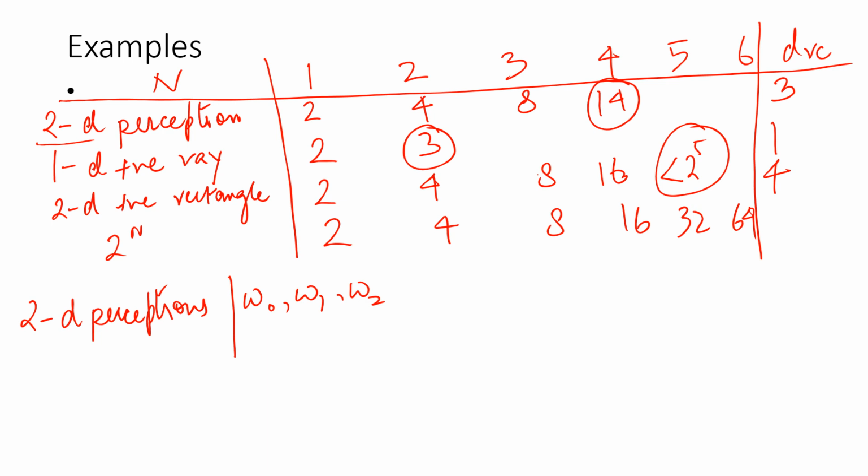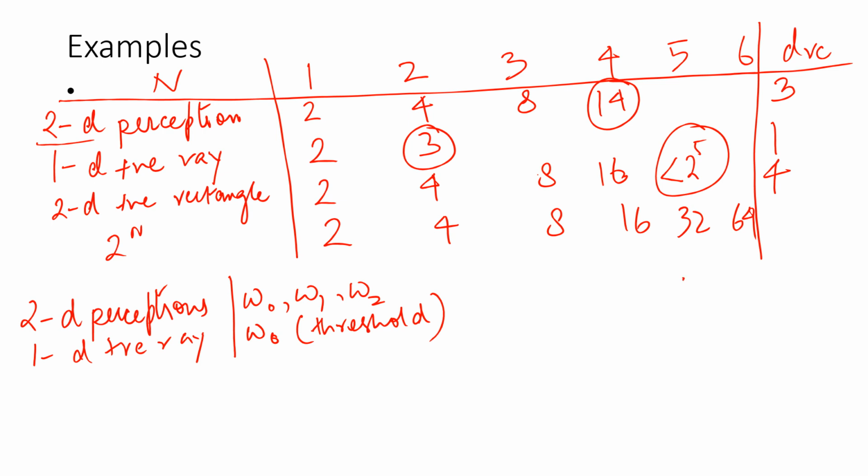And the number of parameters for the one-dimensional positive ray: there was just this threshold, which I think was denoted by W0. Don't remember exactly, but I do remember there was this threshold. To the right of that, we consider it positive. To the left of that, we consider it negative. So there was just one parameter that was defining that hypothesis set.